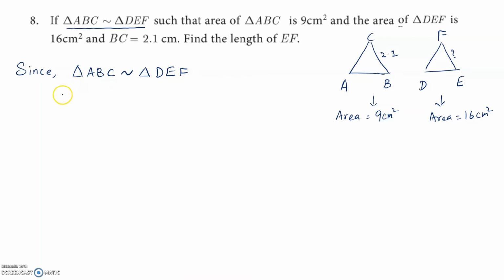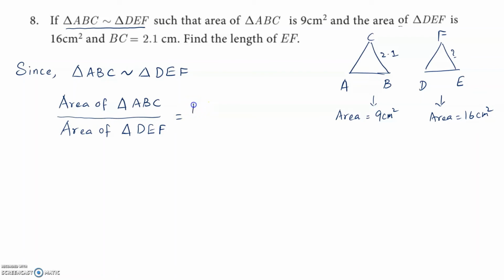the ratio of their areas, which is area of triangle ABC over the area of triangle DEF, will be equal to the ratio of the squares of any one side.